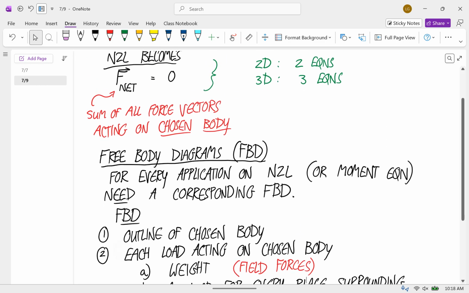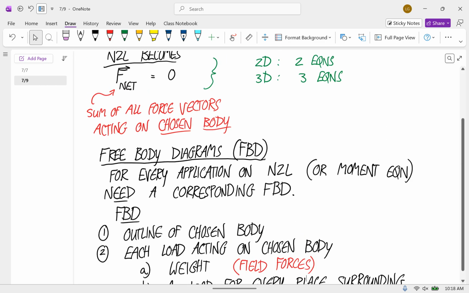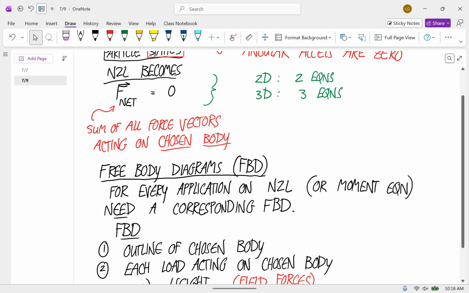Here's an interesting philosophical thing. So I said that F net is the sum of all forces acting on the chosen body. Think about my chest. Say that the chosen body is me. Think of all the forces acting on me. There's a whole bunch besides gravity.